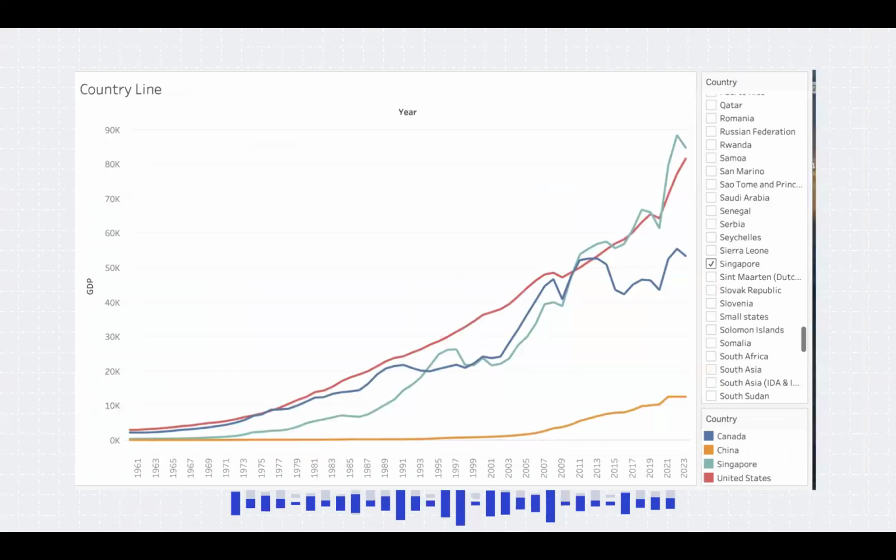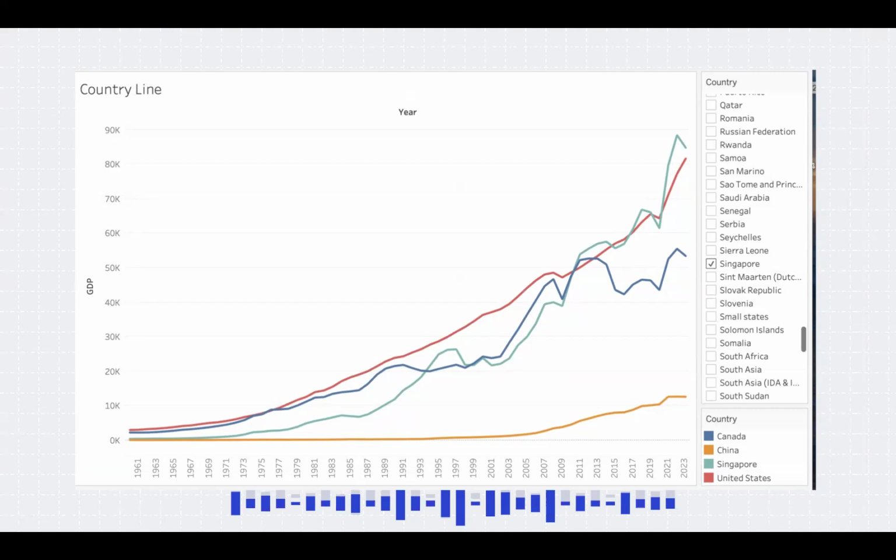This line chart presents a detailed comparison of GDP growth for 4 different countries: Canada, China, Singapore, and the US, spanning from 1961 to 2023. The data reveals distinct economic trajectories, with the United States and China showing remarkable growth, especially in the last 2 decades. The United States demonstrates a consistent upward trend, reflecting its strong economic infrastructure and global economic influence.